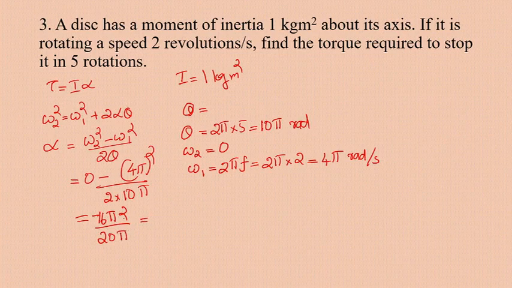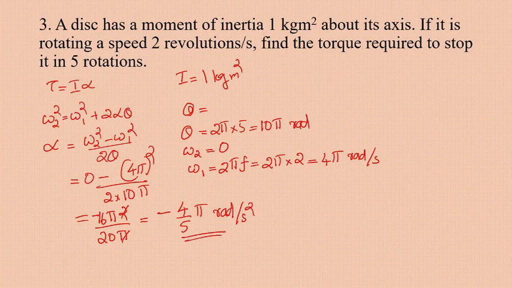Here one pi can be cancelled, and we get negative 4 by 5 pi radian per second square. Now this is alpha.